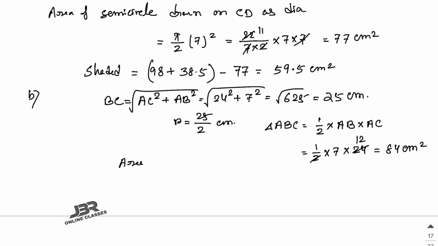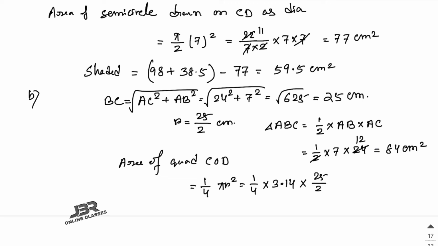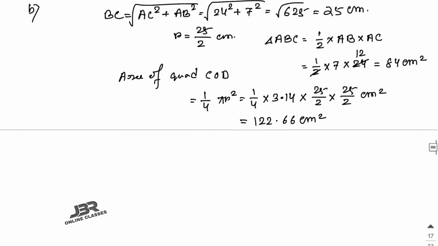The area of the quadrant COD equals 1 by 4 pi r square. So 1 by 4 into 3.14, into 25 by 2, then again 25 by 2 centimeter square. So that means you can write 122.66 centimeter square.